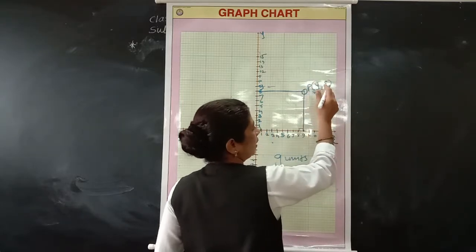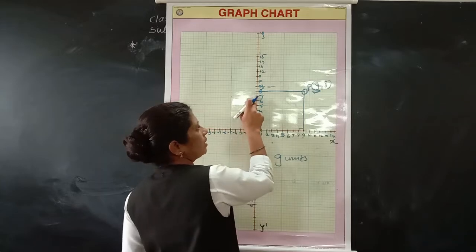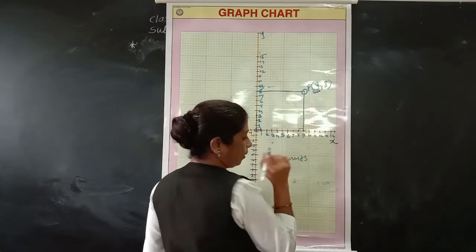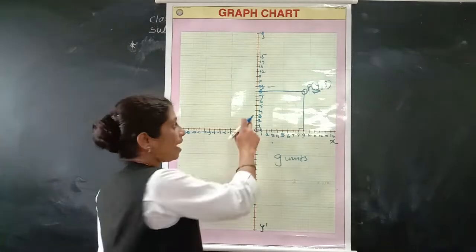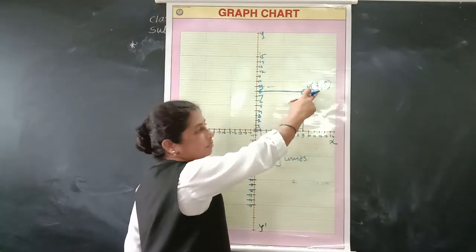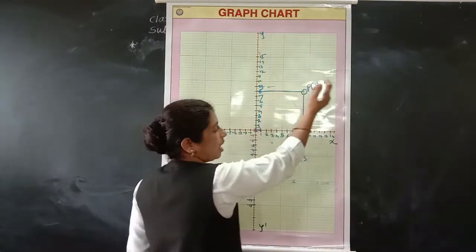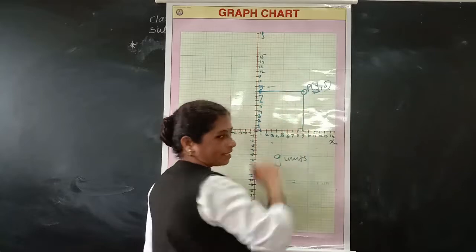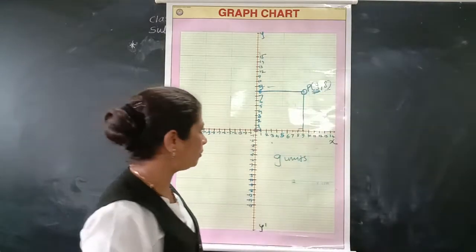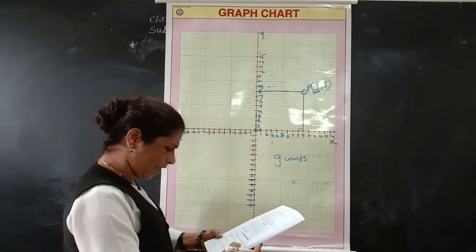How much distance have we covered? 1, 2, 3, 4, 5, 6, 7 and 8. Okay. So when they ask from the y axis, we have to mention the x coordinate, and when they ask from the x axis, we have to write the y coordinate. Understood everyone?